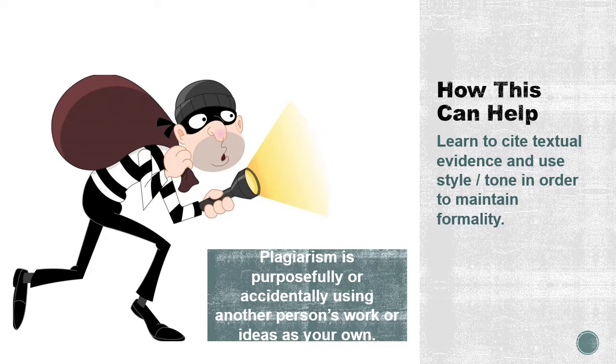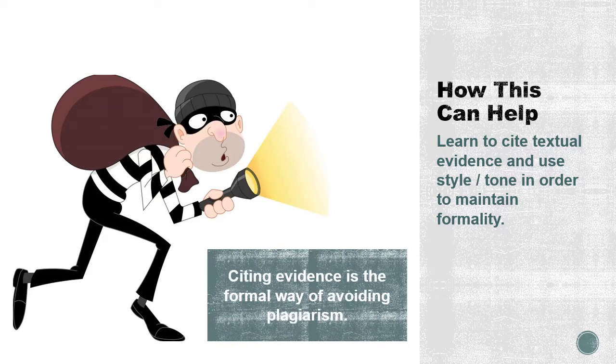Accidentally, you can do it accidentally, and saying something like, "Oh, I didn't know," isn't going to cut it all the time. So you need to be super careful about how you go about citing your sources. So citing your evidence is the formal way of avoiding plagiarism. And so that's why it helps you maintain your formality in your writing.